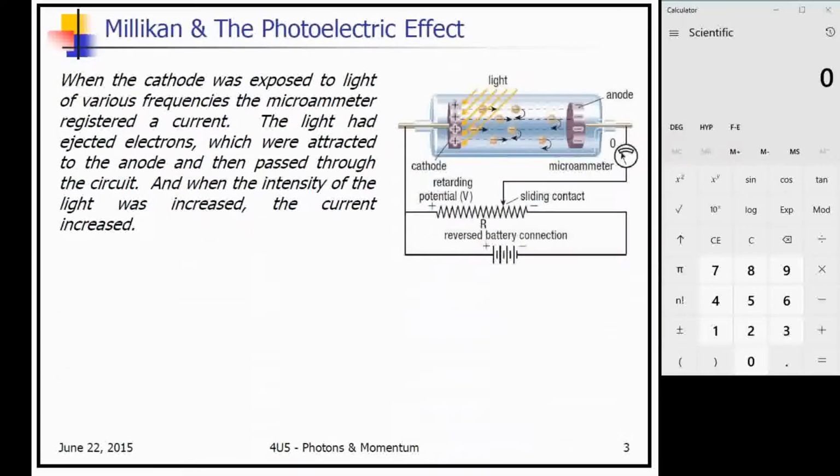Now it says here, when the cathode was exposed to light of various frequencies, the microammeter registered a current. The light had ejected electrons, which were attracted to the anode and then passed through the circuit. When the intensity of the light was increased, the current was increased.